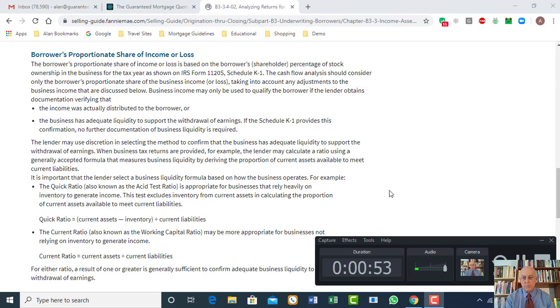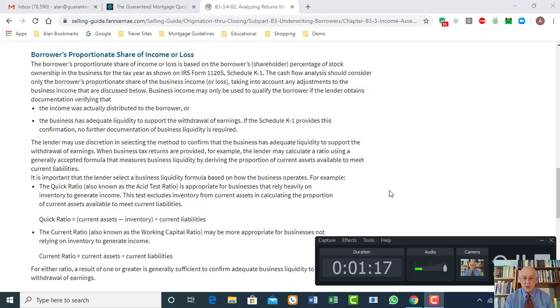And there are two methods that the lender can use in terms of a liquidity test. One is a quick ratio, and it's more appropriate for businesses that rely heavily on the inventory to generate the income, because this test excludes the inventory from the current assets in calculating the proportion of current assets available to meet current liabilities.